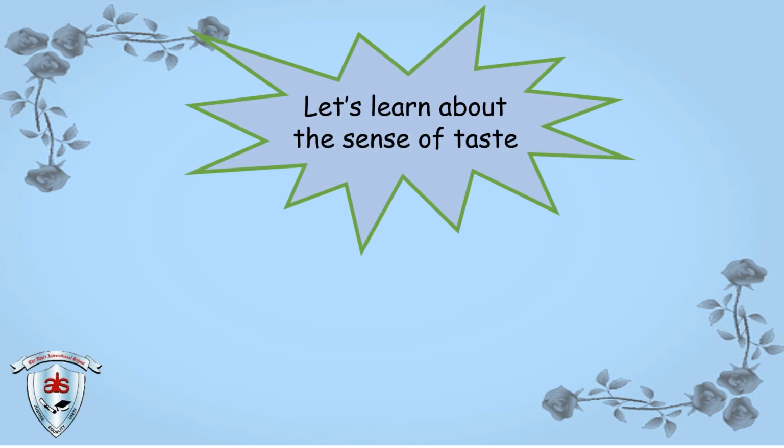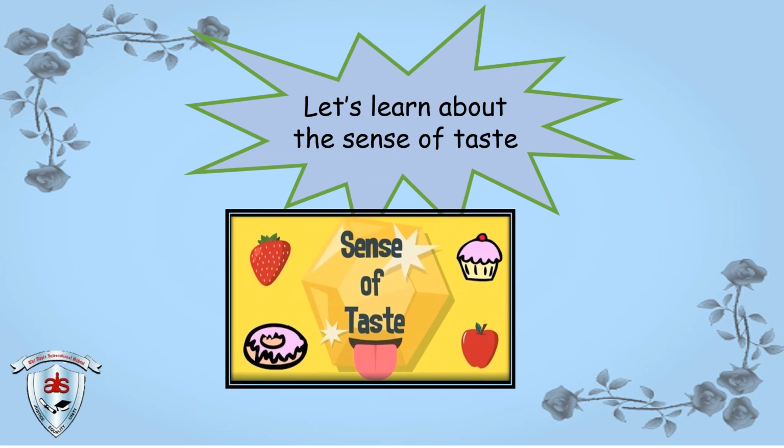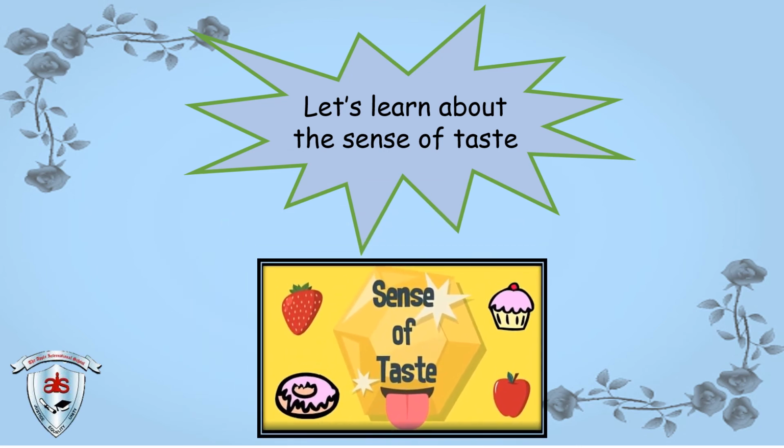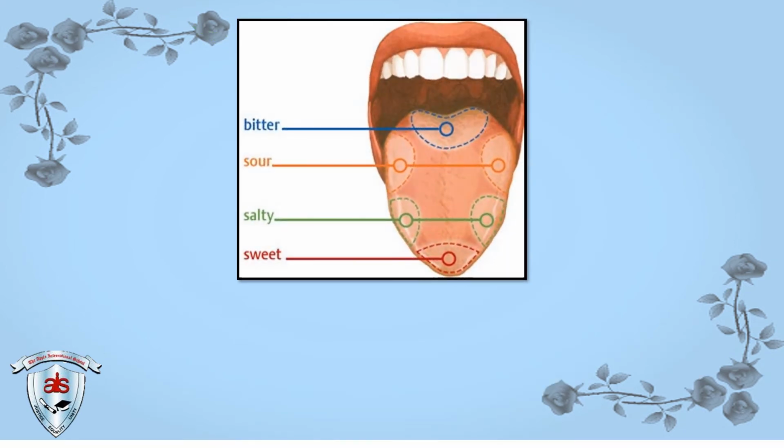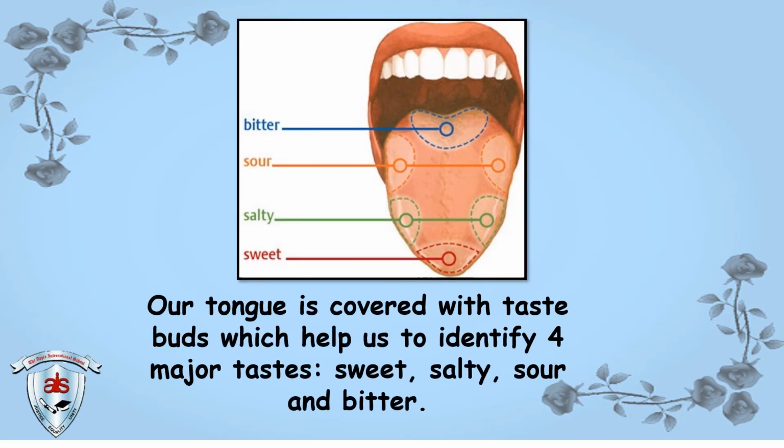Now let's learn about the sense of taste. So we use our tongue to taste. Do you know, children? Our tongue is covered with taste buds which help us to identify four major tastes: sweet, salty, sour, and bitter.